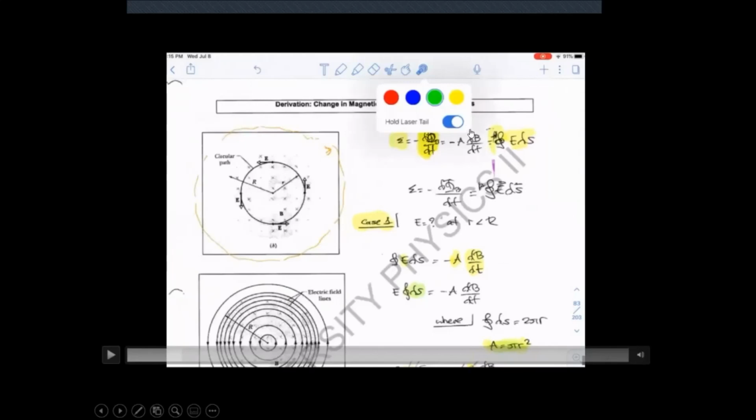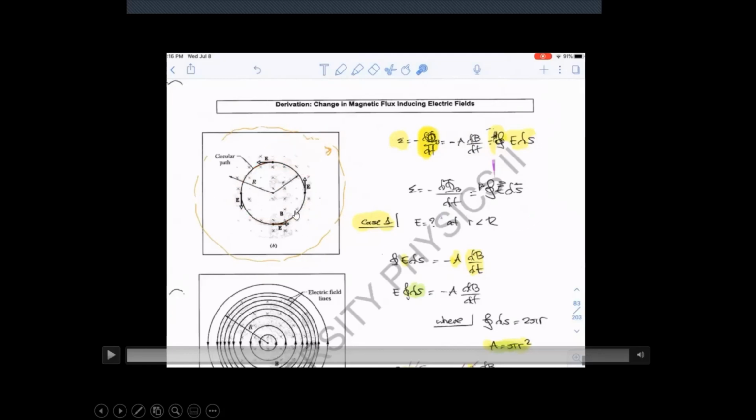When you vary the strength of the magnetic field, focus on this portion. This is the area of the region where we're varying the strength of the magnetic field, and this is our circulating electric field within that region. We're varying the strength of the magnetic field within this region, and then we end up getting a circulating electric field. Then we will integrate everything in the counterclockwise direction.